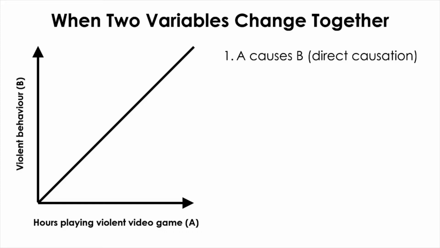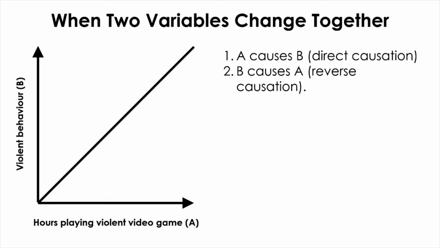However, we will see exactly the same relationship when B causes A too. If that is the case, then what that means is that violent people are attracted to play more violent video games, not the other way around. So our assumption about the original hypothesis is completely reversed in this case.